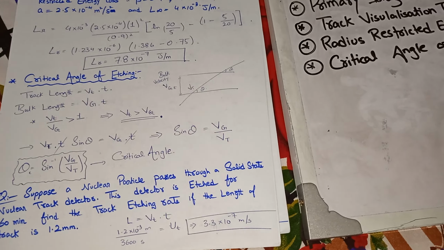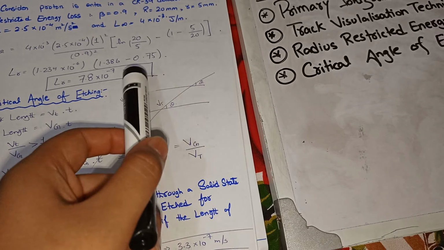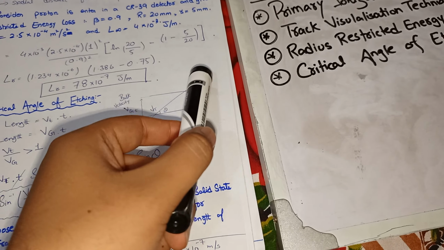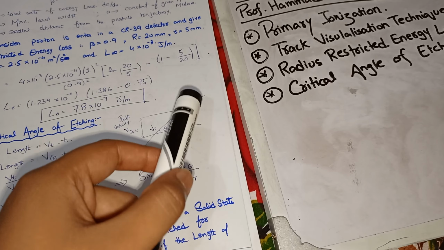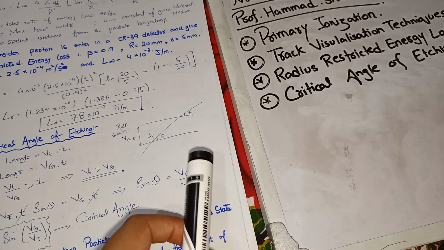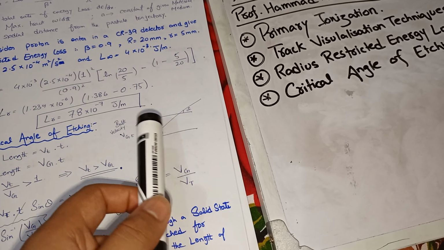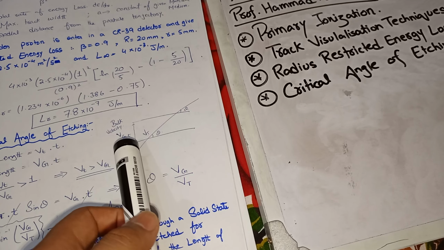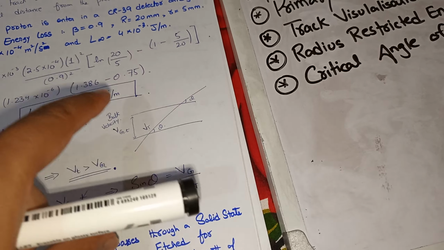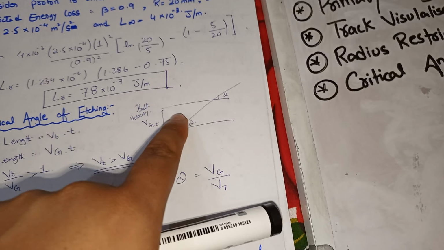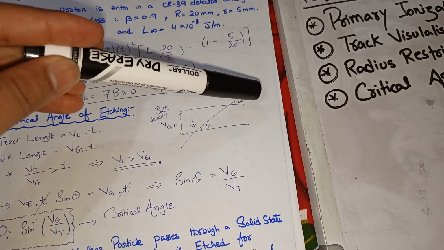You can see the figure I illustrated here, with two paths, path 1 and path 2. A charged particle is coming and entering along this trajectory, making an angle theta here, with a velocity of vt, and the bulk velocity is denoted by vg.